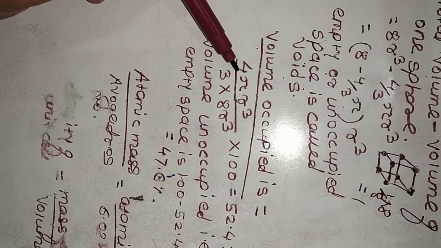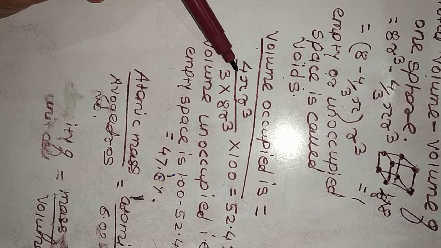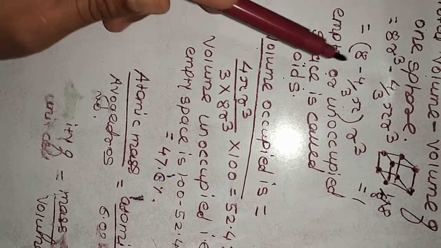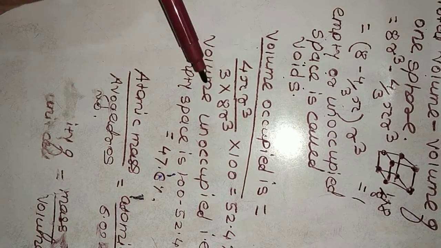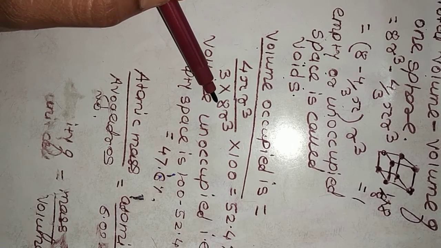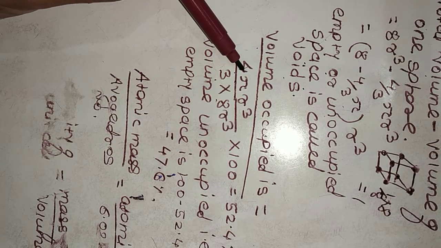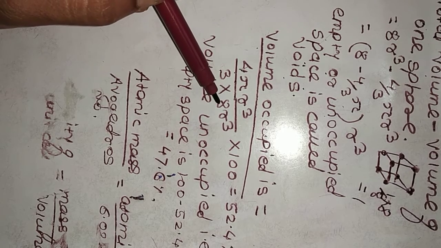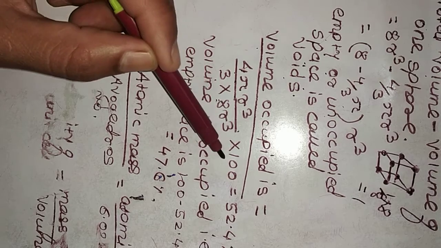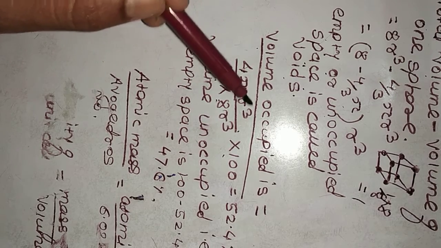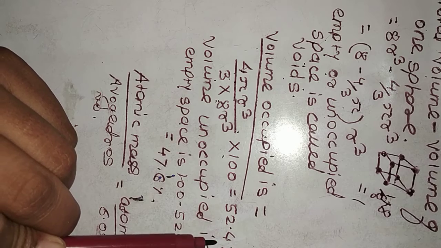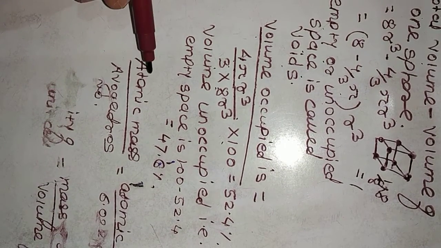In SCC there is only one atom, that's why volume occupied is 4/3 pi r cube divided by total volume of the cube. See what ratio we have taken: volume of one atom or one sphere divided by total volume of the cube, into 100. You can simplify this and your answer is 52.4%. This is your volume occupied.